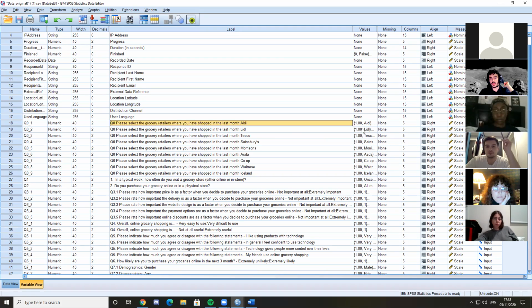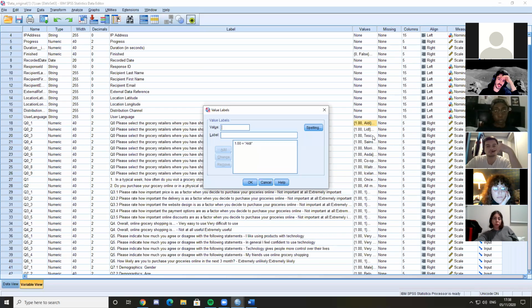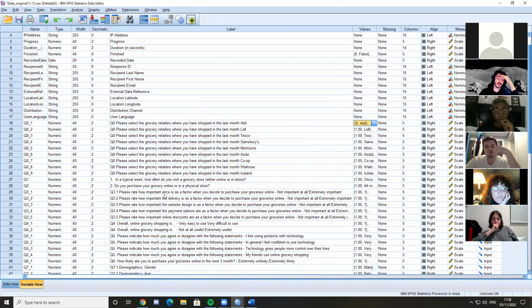I think I have the answer to this. It's a different kind of data. Each of these is basically a shop. You don't look at a scale from 1 to 7. It's all multiple answer, so people can shop at Aldi, Lidl, Tesco, and Sainsbury's at the same time.